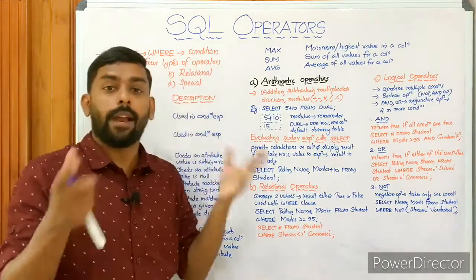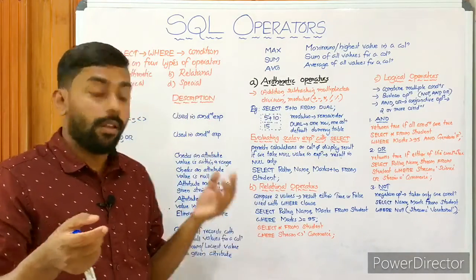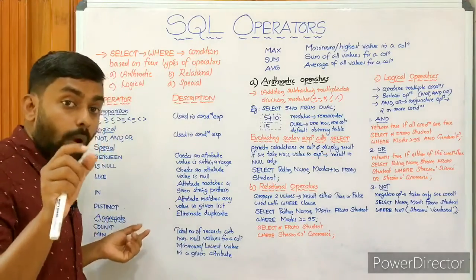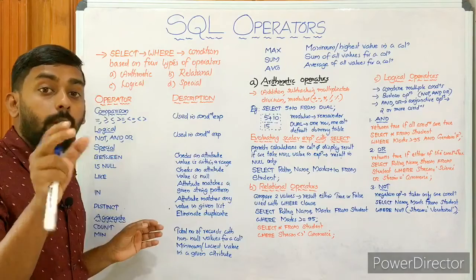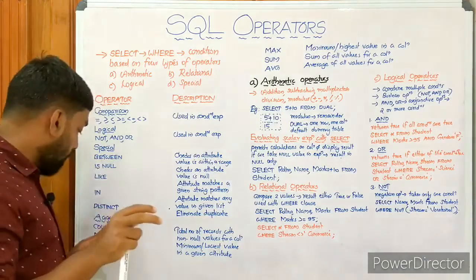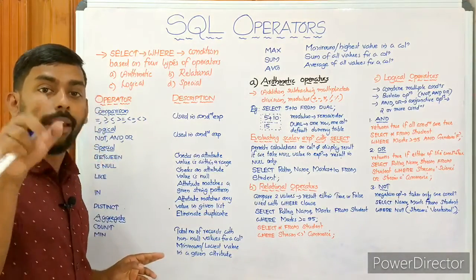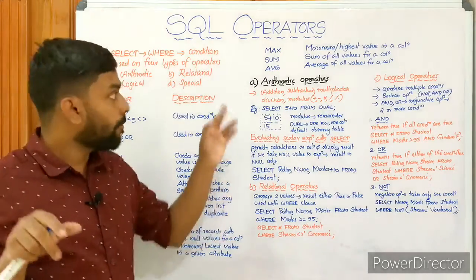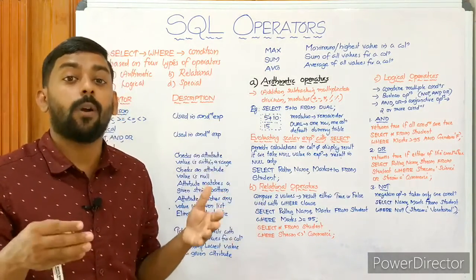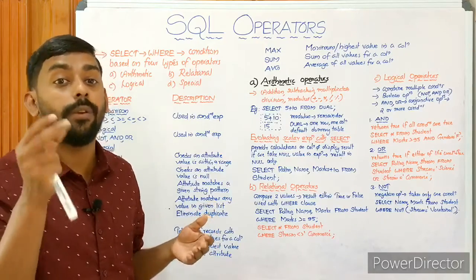And just like minimum, max stands for maximum. You must note one thing: all these are functions, so you have to pass the column or attribute name to the function. For example, count of, and in parentheses you pass marks or name. Max of marks returns the maximum or largest value in a column.